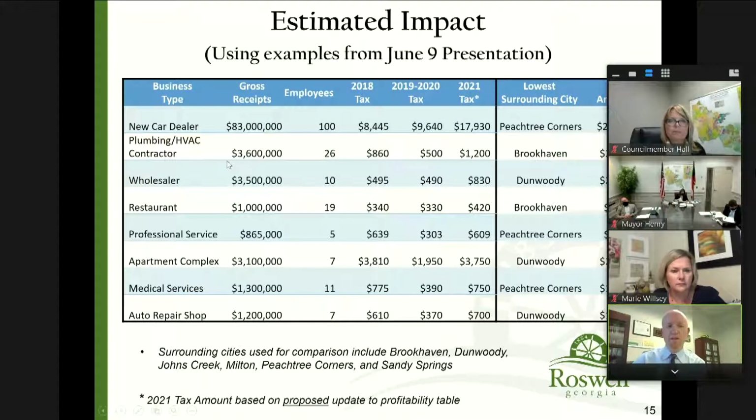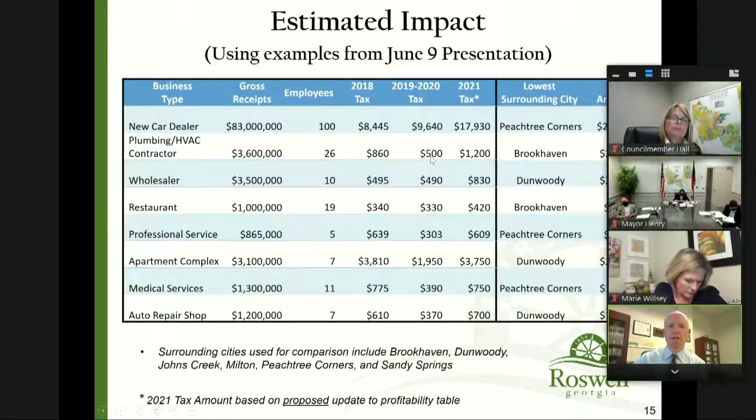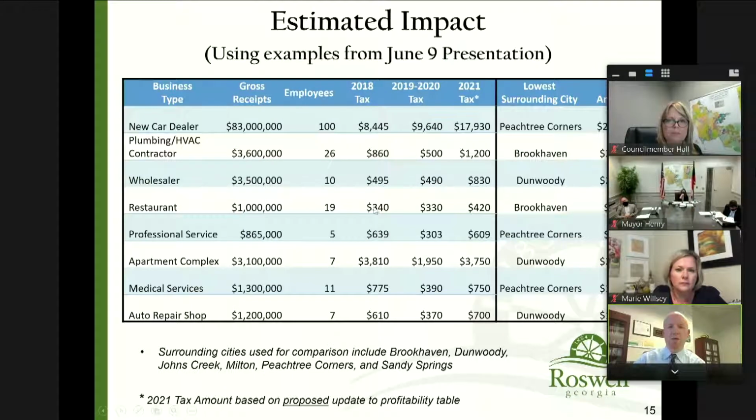Let me walk through a few more of these. In this NAICS category, a plumbing HVAC contractor, average gross receipts of 3.6 million, paid $860 in 2018. That declined to $500 in 2019 and 2020. That would go up to $1,200 in 2021. A few other examples: a restaurant, bringing in gross receipts of $1 million, went from $340 to $330.